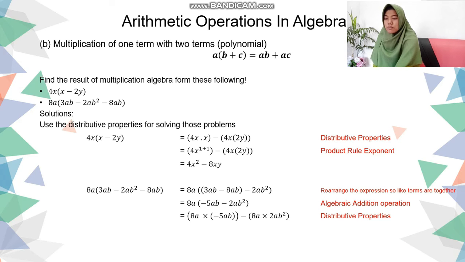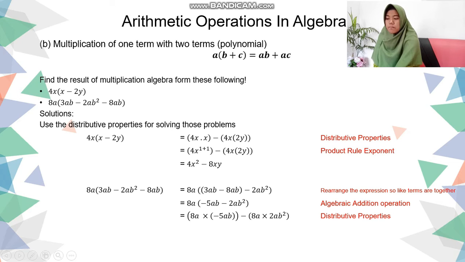This is distributive properties, equals (8a times minus 5ab) minus (8a times 2ab squared).